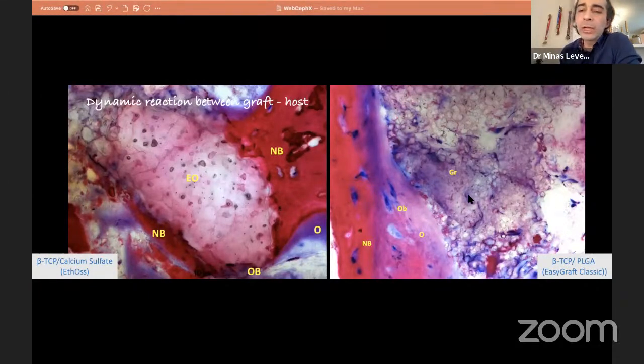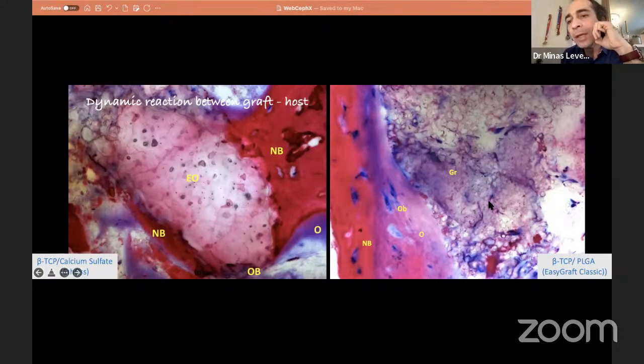And in this picture, we have a different, again, synthetic resorbable. This is EasyGraft Classic. It is beta-tricalcium phosphate with PLGA. So the beta TCP here is covered with a lactide plastic to enhance the mechanical properties. Again, the synthetics work the same way.